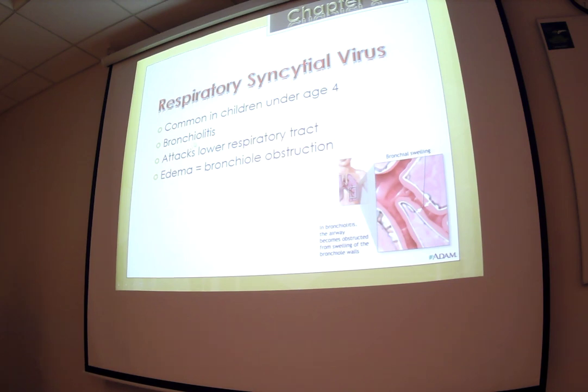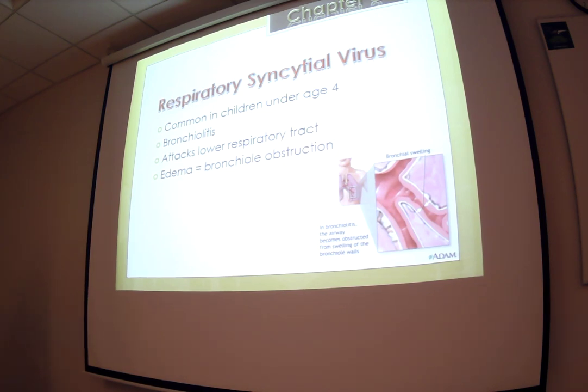It does lead to bronchiolitis. About 80% of all bronchial inflammations are due to RSV. The virus typically attacks the lower respiratory tract, not so much the upper.